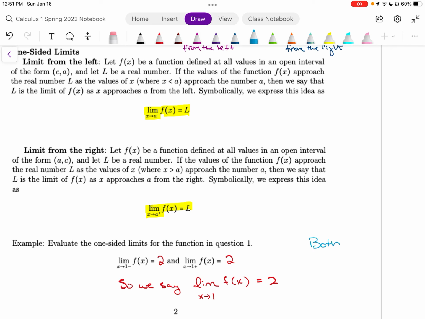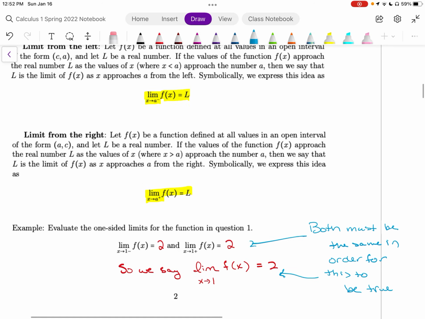Both of these must be the same in order for this to be true. Okay, in order for this right here to be true. Both coming from the left and coming from the right must be the same in order to be able to say that the limit as x approaches 1 equals 2.